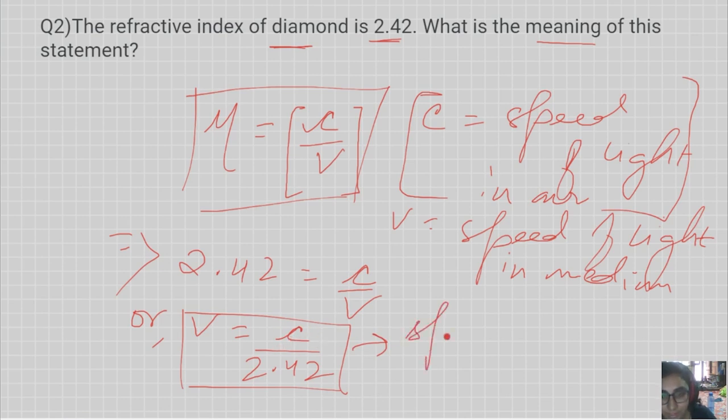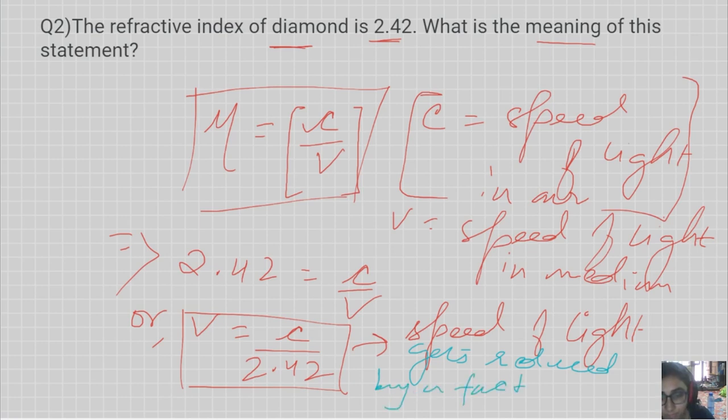So speed of light gets reduced by a factor of 2.42 in diamond. Just give a star mark here. Okay.